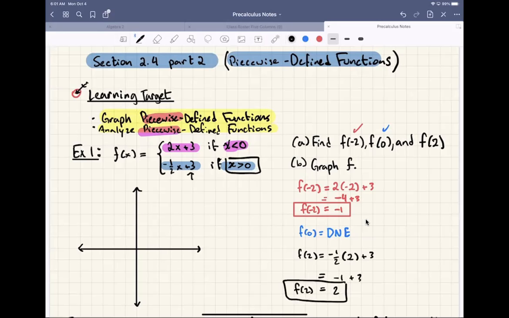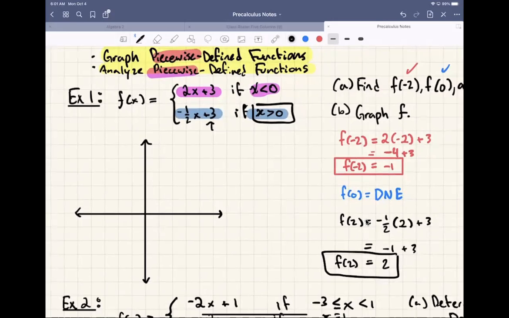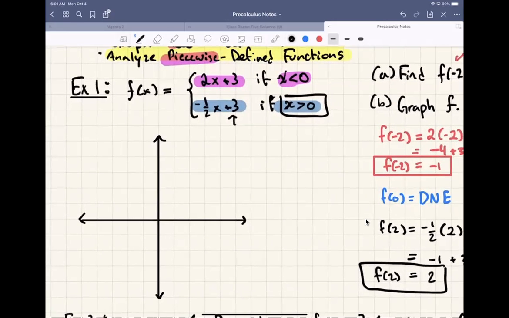Okay. Next, for the final part of this example, we have to graph our function, right? So let's go ahead and graph this. Pretend it's in slope-intercept form, but we notice it says only when x is less than 0. We start with the y-intercept, which is when x equals 0.